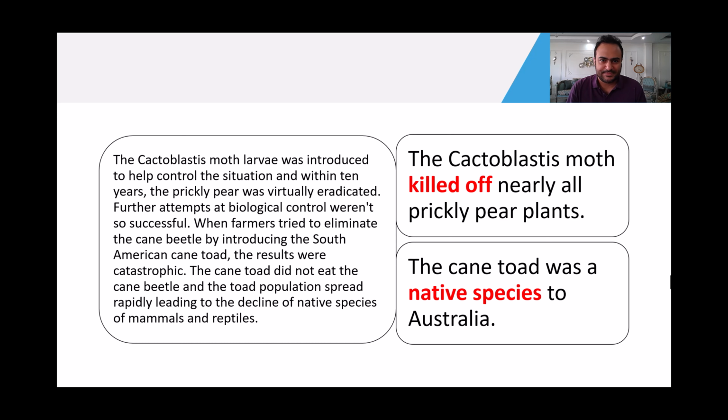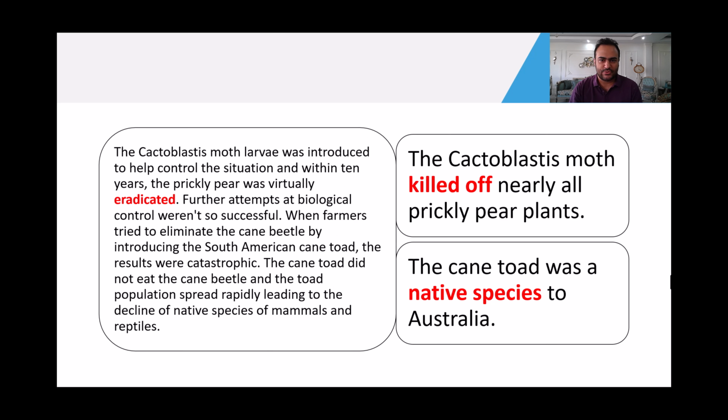Killed off has been paraphrased into eradicated. The cactoblastis moth larva was introduced to help control the situation, and within 10 years the prickly pear was virtually eradicated. So the cactoblastis moth killed off nearly all prickly pear plants.